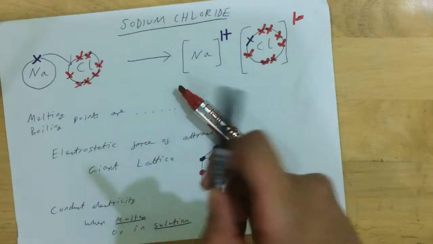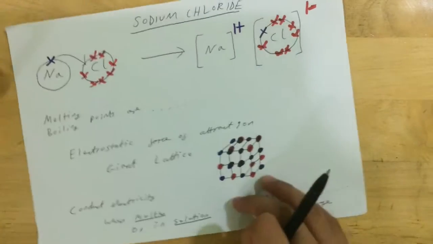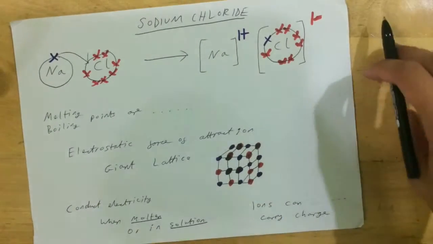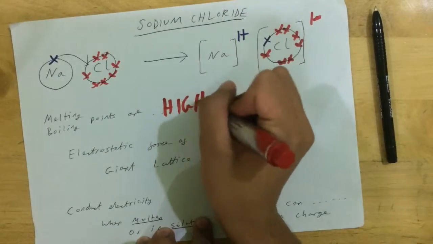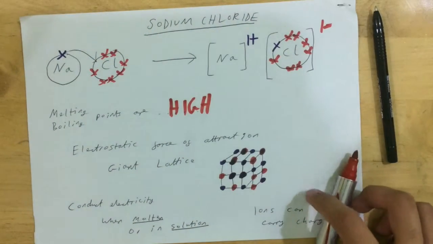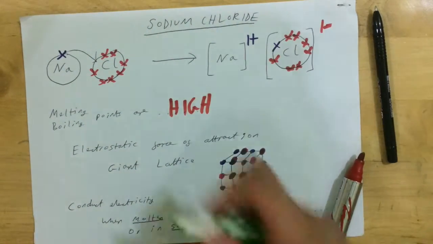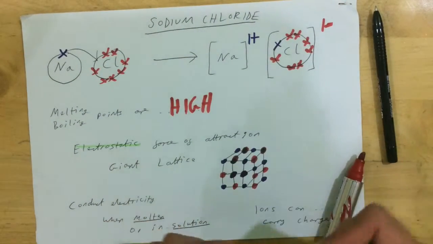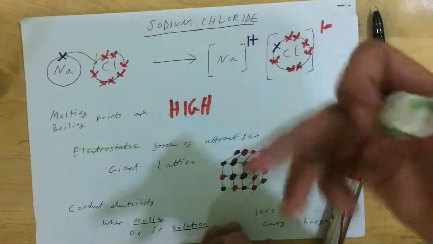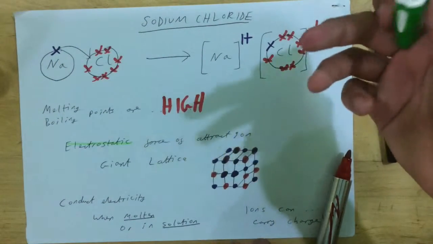And the thing about ionic compounds is their melting points and boiling points are high. And this is because of the electrostatic forces of attraction between the ions. And they are strong electrostatic forces of attraction.